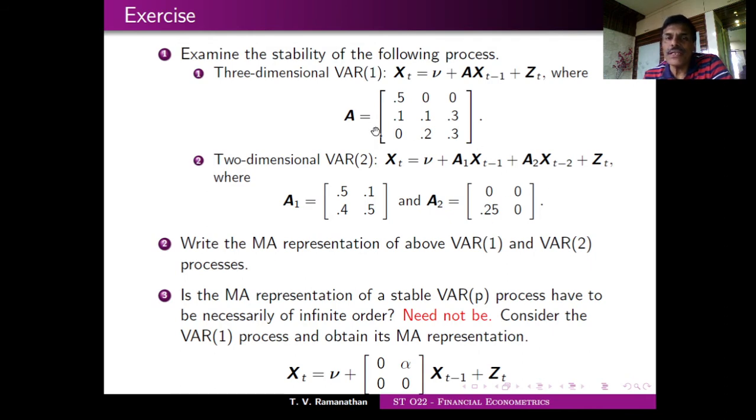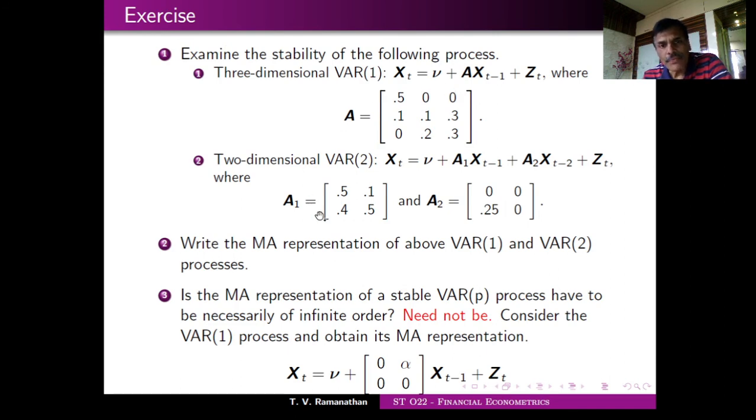So you compute the determinant of I_k minus A, which is given by this. So I_k means 3 by 3. You take I as a 3 by 3 matrix minus this matrix multiplied by z and then take the determinant of that matrix. Okay? So now find the roots. That root should lie outside the unit circle. Then we can say that this process is stable.